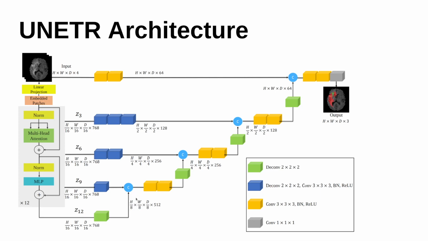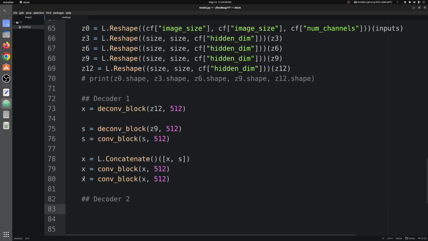Back to the slide. Now the output of the conv block would act as input for the second decoder. So first the deconv layer, and for our Z6 this blue box is now repeating 2 times. You can understand: deconv, then conv layer, then again deconv and conv, then we concatenate. So let's follow this. This X would be passed through the deconv block, with 256 filters, as we have known.